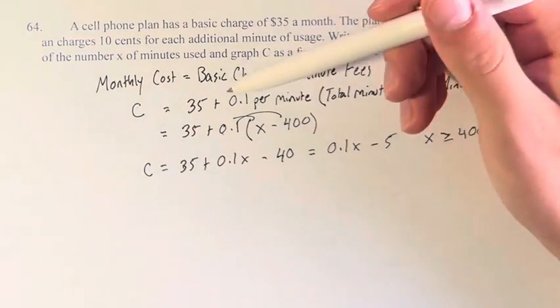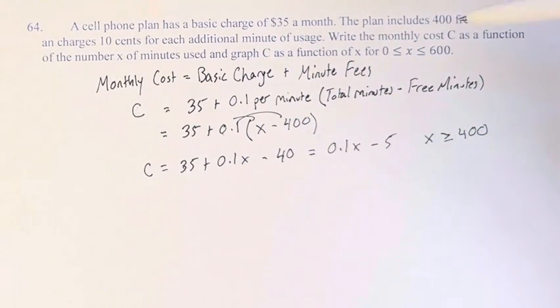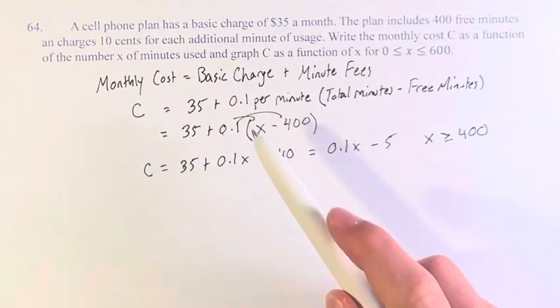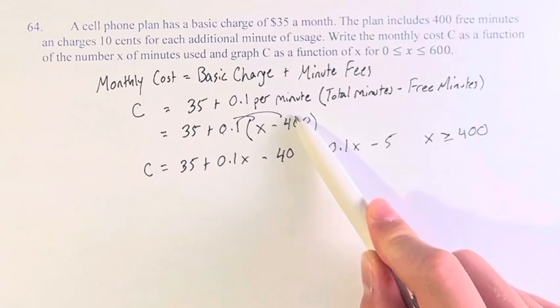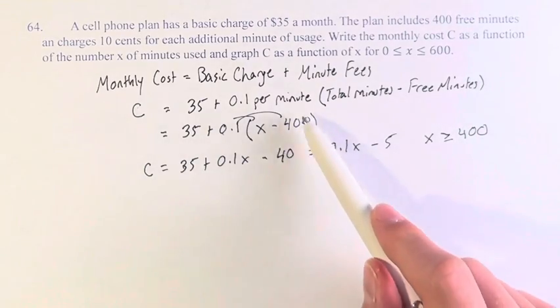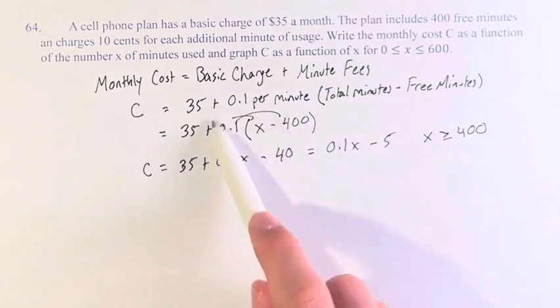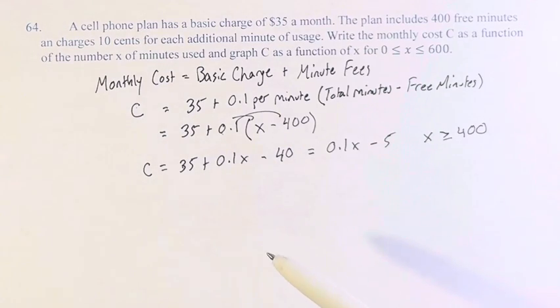If the usage is less than 400 minutes, let's say this is 300, 300 minus 400 is negative 100. Negative 100 times 0.1 is negative 10. So you would have negative $10 being paid for 300 minutes of usage. And that's not exactly what's happening here.